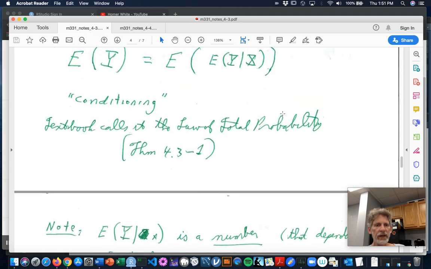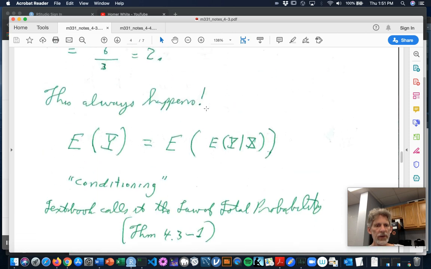Now, I tend to call this the conditioning technique, because it very much resembles the conditioning technique for finding probabilities that we looked at way back. If you remember the problem of the roommate and the jeans and khakis, the probability that you're wearing jeans was this weighted sum that looked very similar.